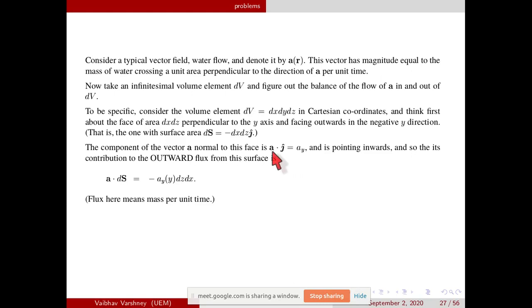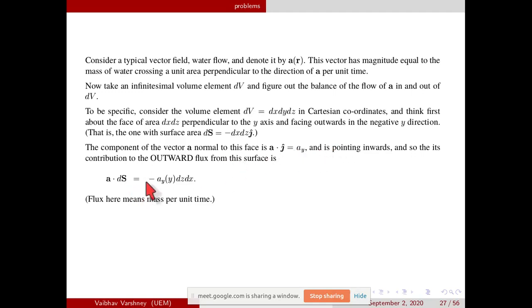A dot j cap will be A superscript y. This y is not a function; it shows the y component, like we write ax, ay, az in numerical problems. The function is what we have written in the bracket.